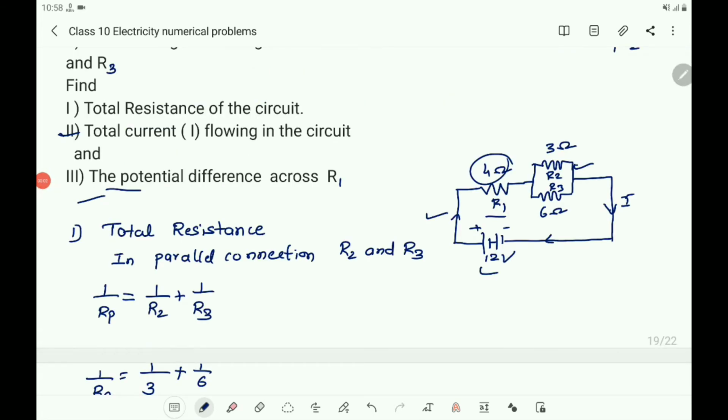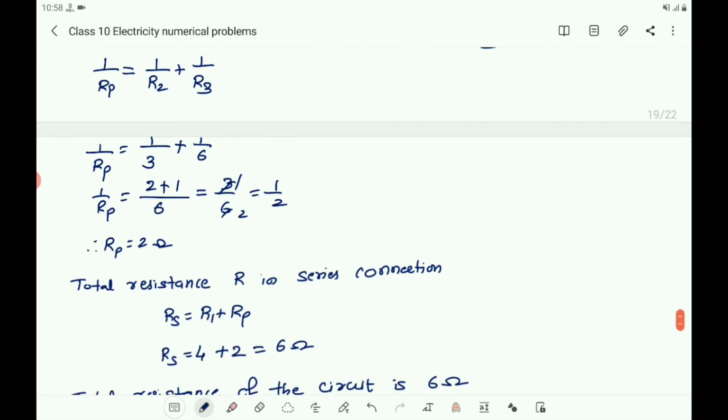Then find the potential difference across R1, and what is the resistance of R1? That is 4 ohm, and take that 4 ohm, and the current will be the same, that is 2 amps, and by using the same relation V equals IR.